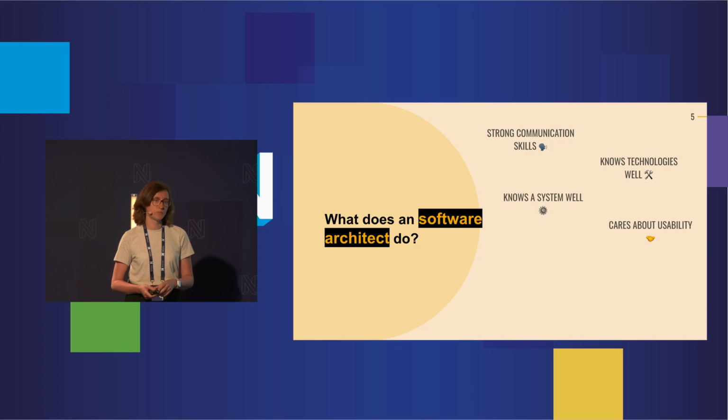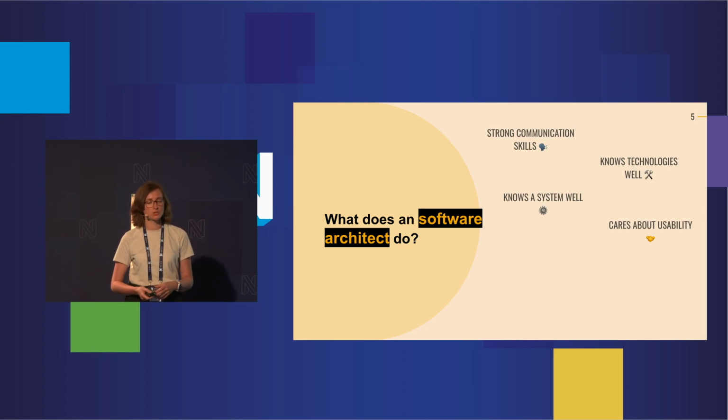They care a lot about usability, especially a front-end architect, about what the actual end product is. If it's very slow or really inaccessible, they look at the overall aspect of an application, whereas a team looks more at one specific area.